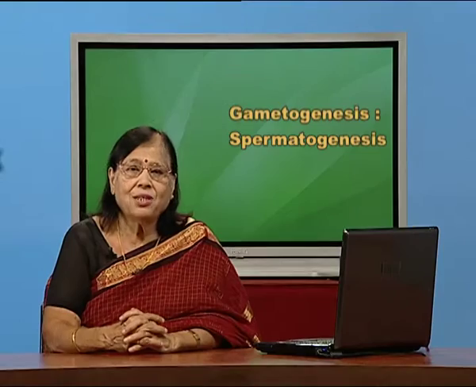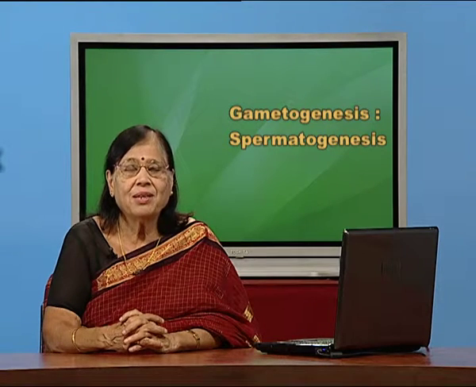So, nature answered this: the reduction division makes the number of chromosomes half, so that when half the number from sperm and half the number from ova meet, the result is a zygote which has the diploid or full number of chromosomes. That is why the reduction division becomes important.